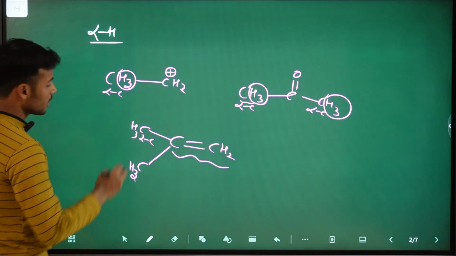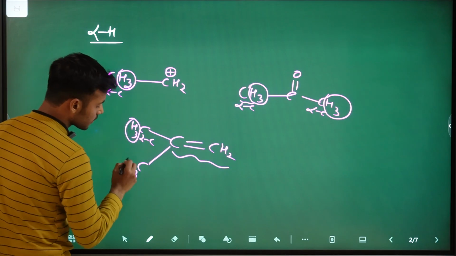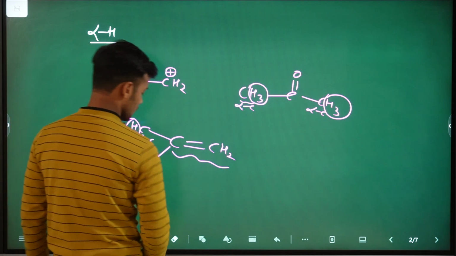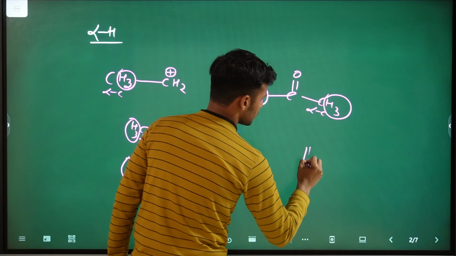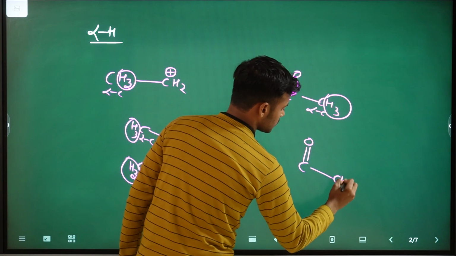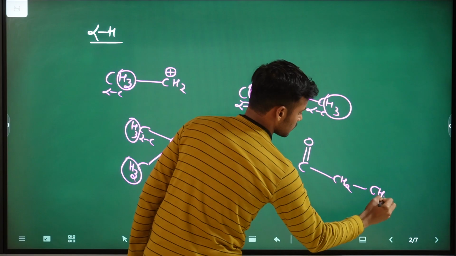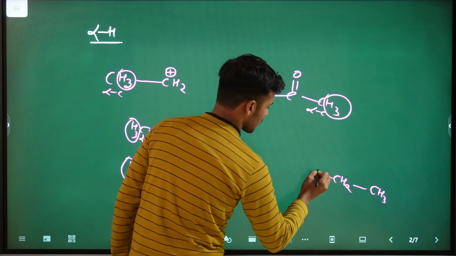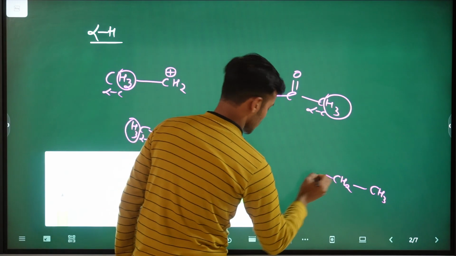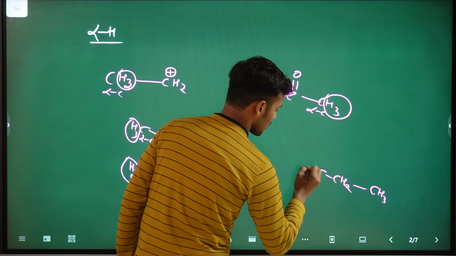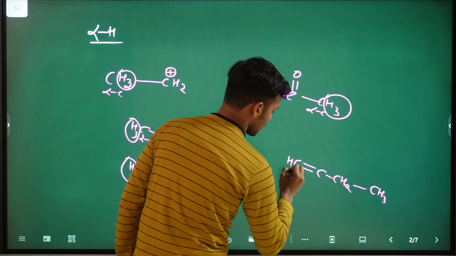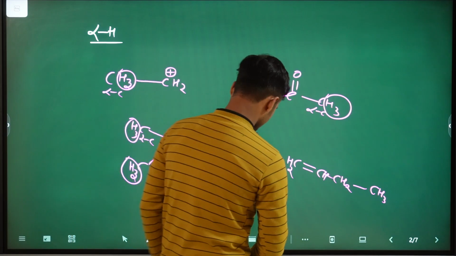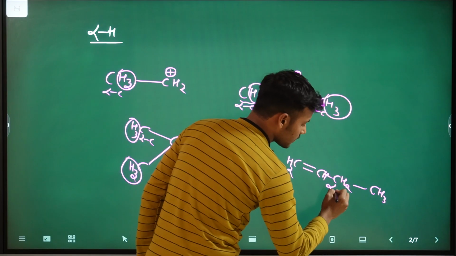And similarly here, this is alpha hydrogen, this is alpha hydrogen. In this example, this is alpha carbon.